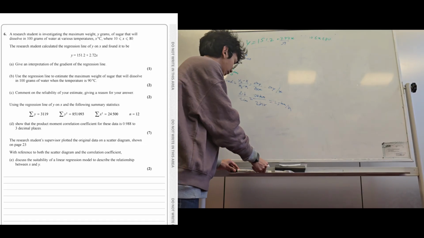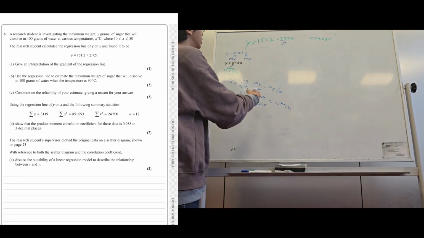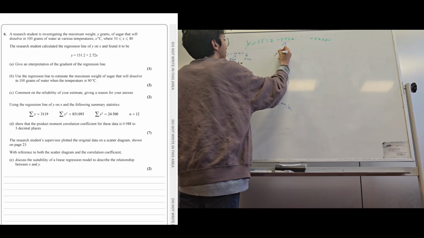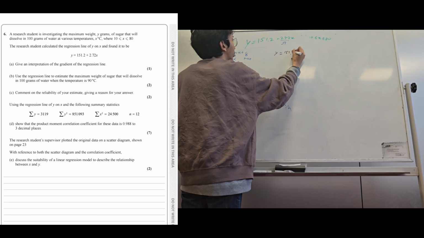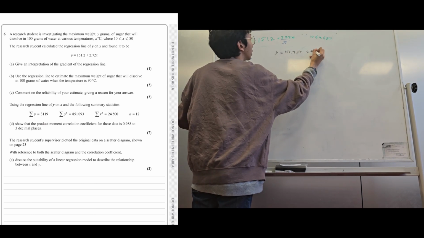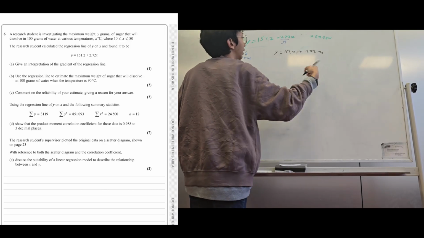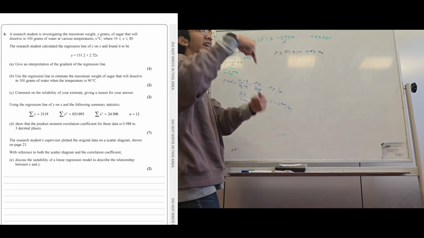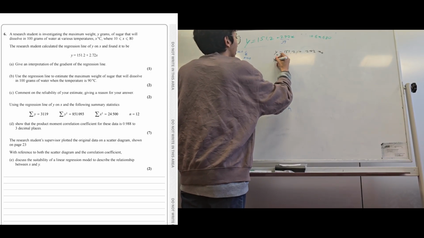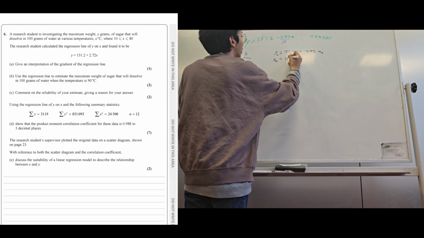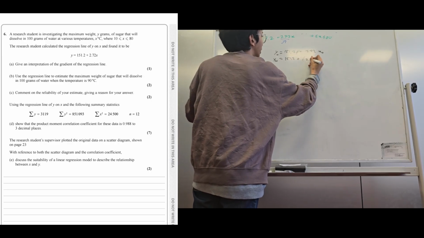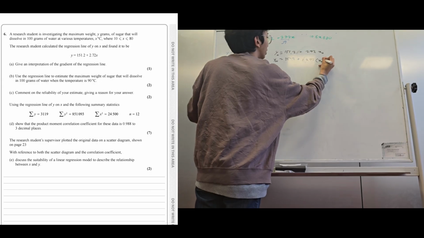It's quite obvious if you do the calculation here. This is the original value, let's say x naught. Say y is equal to 151.2 plus 2.72 times x naught. Then if we increase x by 1 more, the new y is equal to 151.2 plus 2.72 times x naught plus 1.